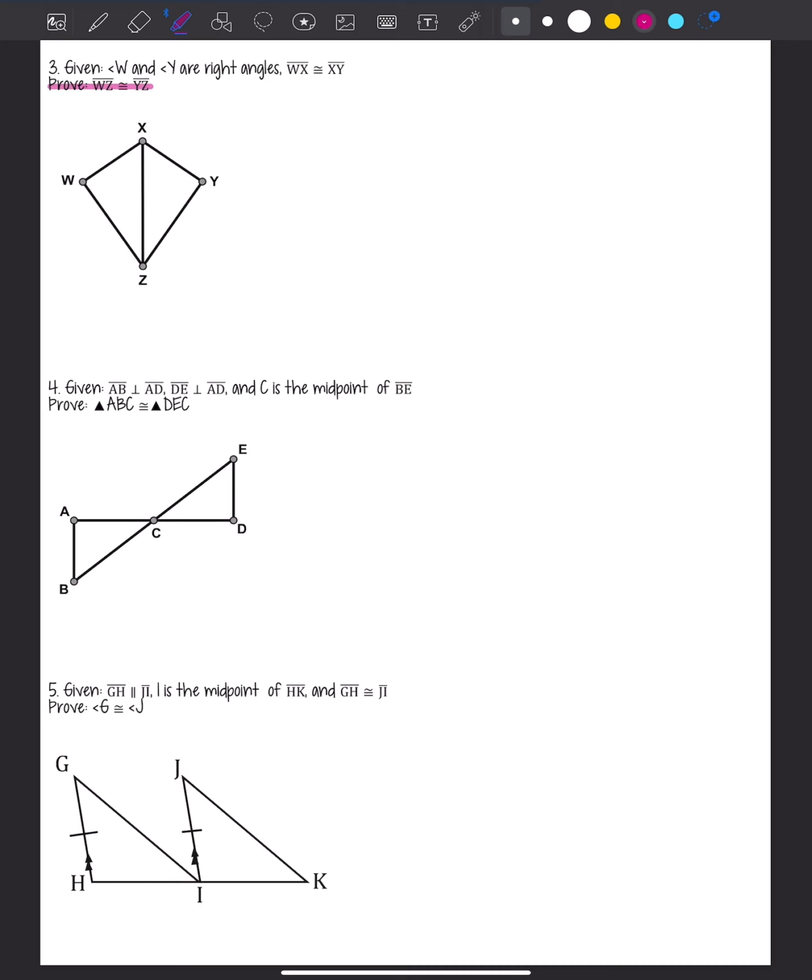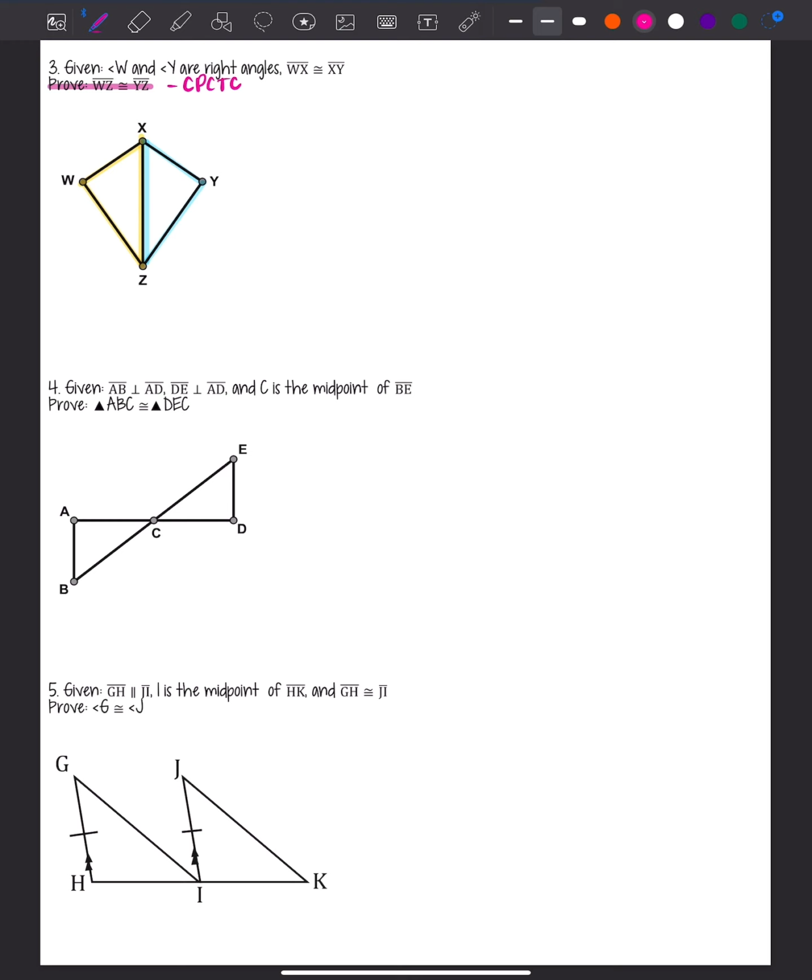So we see that WZ is this segment right here, and it's a part of this triangle. And YZ is this segment right here, and it's a part of this triangle. So I think we're going to use CPCTC for that.